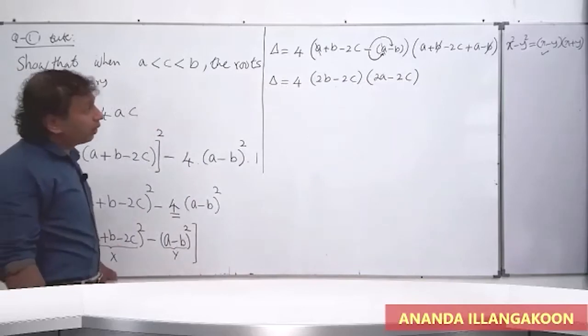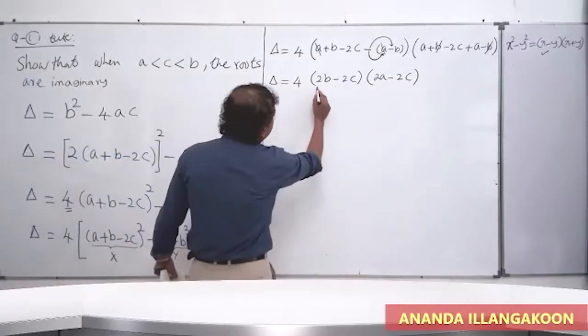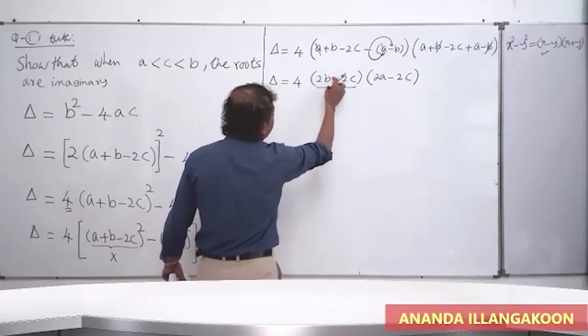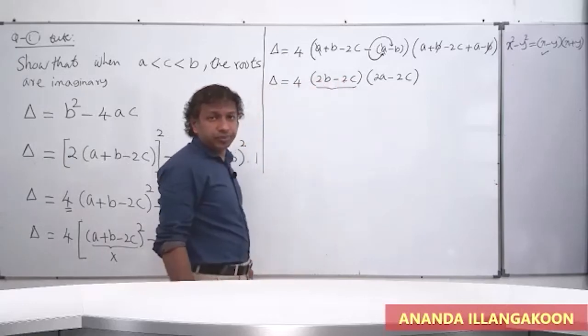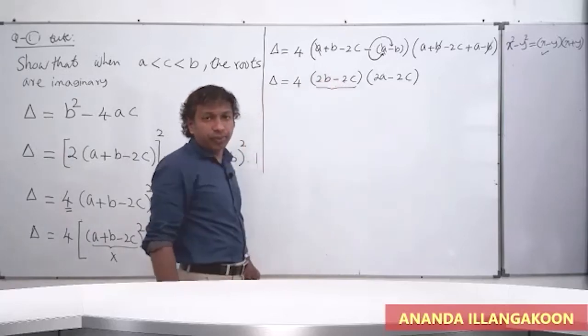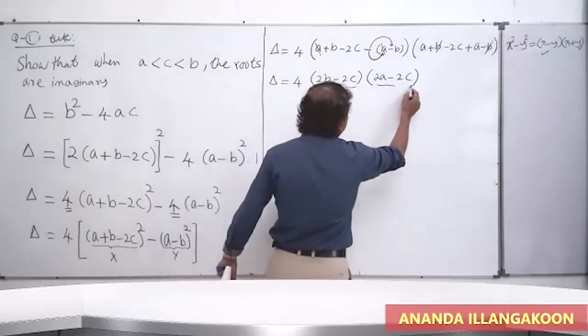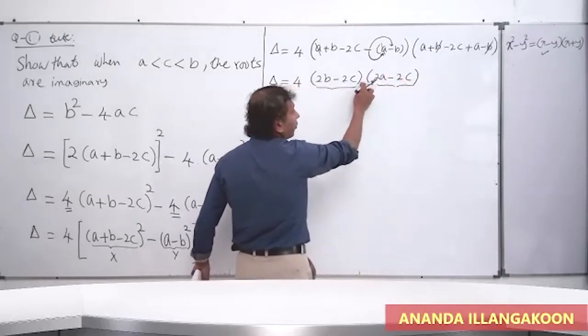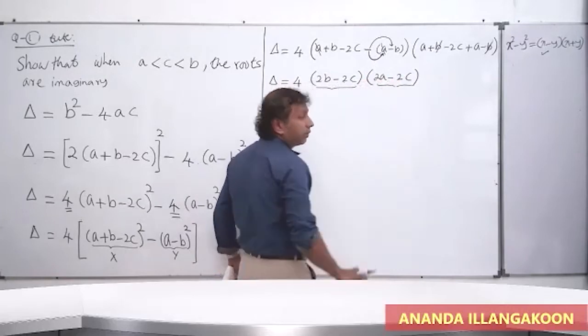Right. Now you can see here, in this bracket, 2 is common. Take that 2 out. Once you take this 2 out, people, we have within the bracket b minus c. In this bracket also, people, take this 2 out. Then that 2 is before the bracket, a minus c within the bracket.